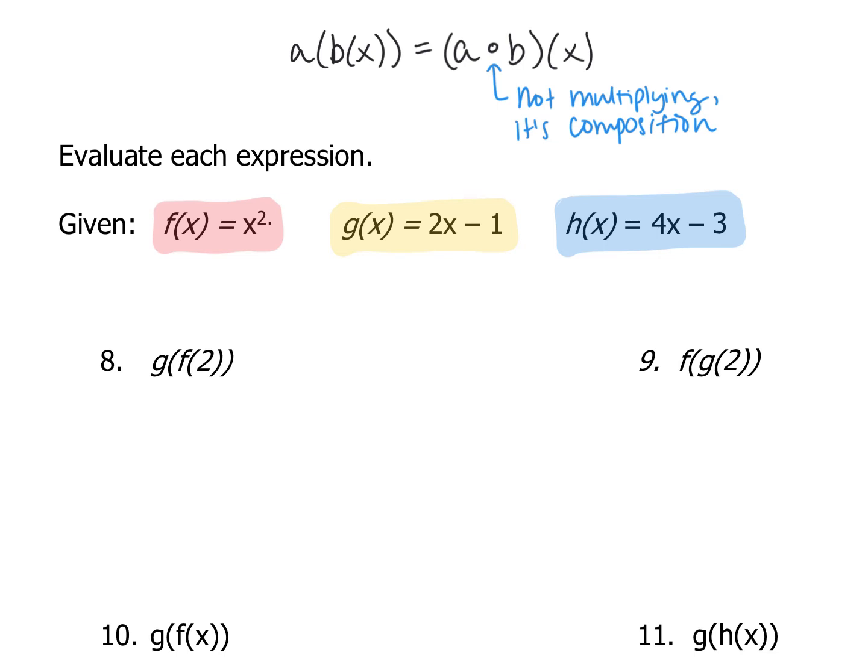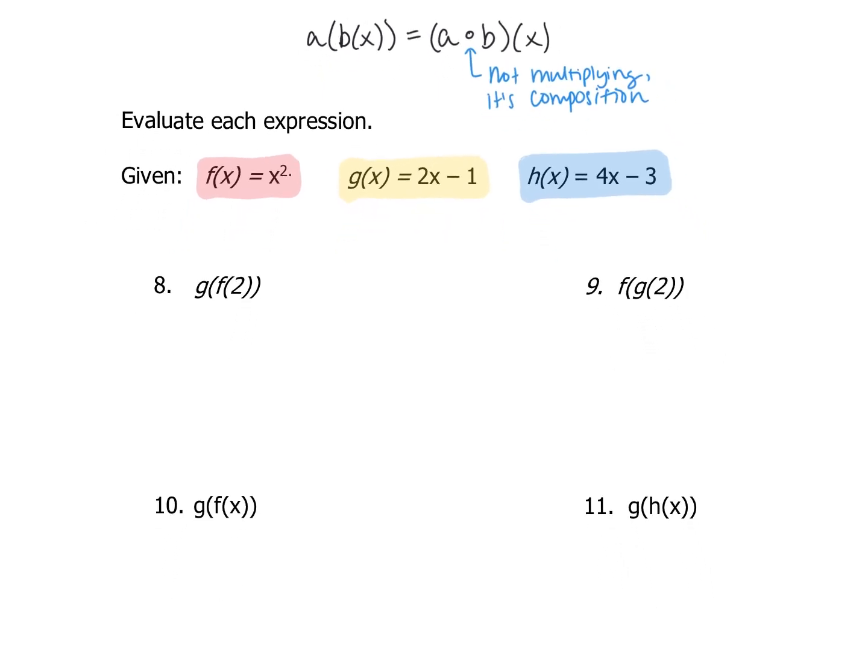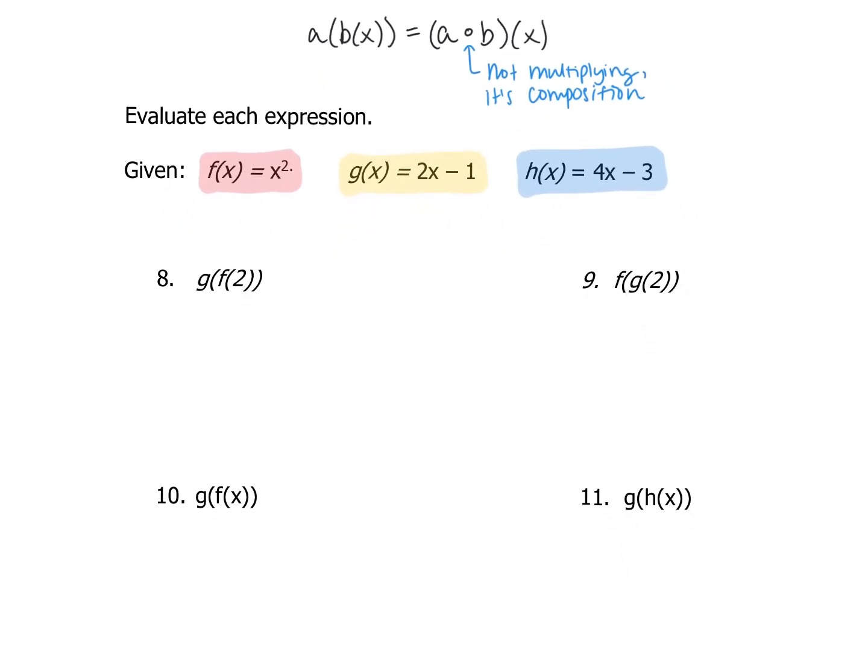So let's go ahead and look at number 10 for starters. I know we're kind of going to jump around a little bit, but I think that's going to make it a little bit easier when we have problems build off of each other. So looking at number 10 for starters, we see we have this function g. And we see we have f of x. What I'm hoping to do is I want to rewrite g of x, but instead of x, I'm substituting the output of f of x into there.